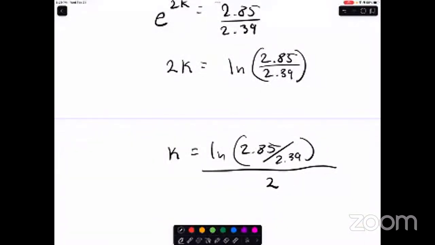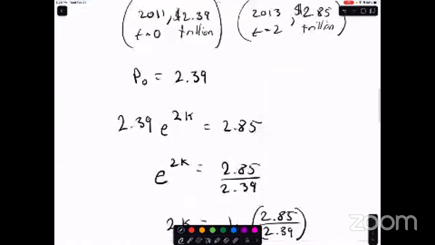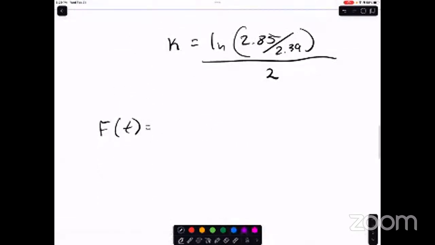Let me write out our model. The federal receipts based on time: the starting amount P naught was 2.39 trillion, times E to the K times T. I'm just going to reference K with a star instead of writing it out, times T. When I do my calculation, I'm trying to keep K exact.